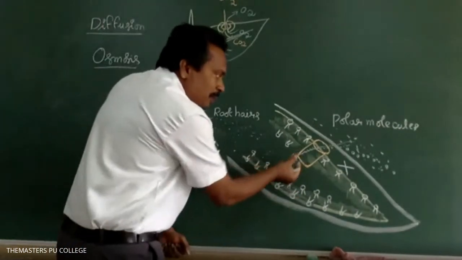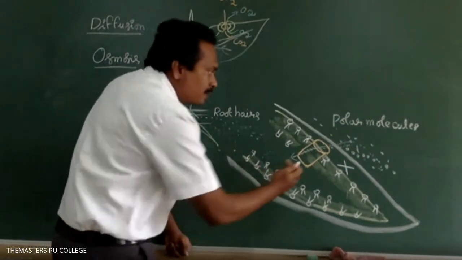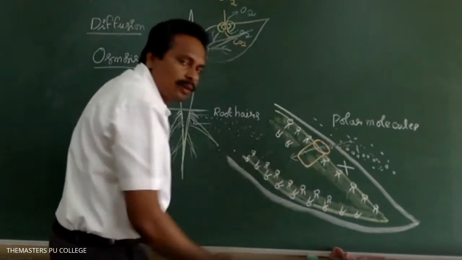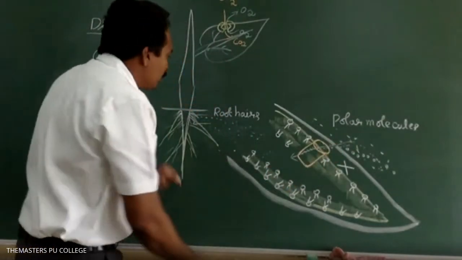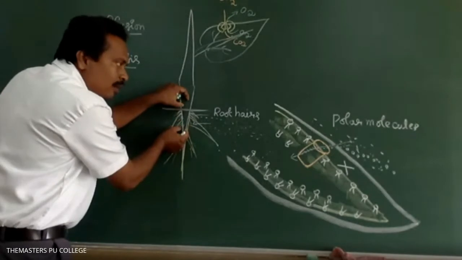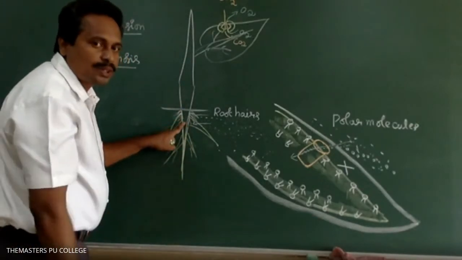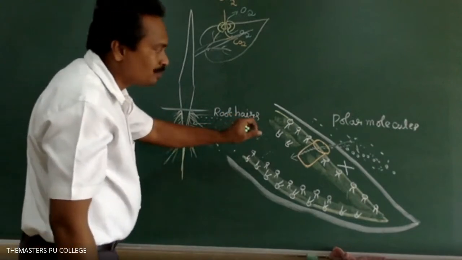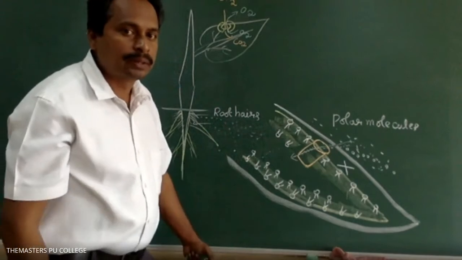So in the cell membrane, the proteins are helpful for obtaining water molecules from the surrounding medium into the cytoplasm of the cell, whereas in plant organs, water moves from one cell to another. So through the proteins only, not through lipid molecules.